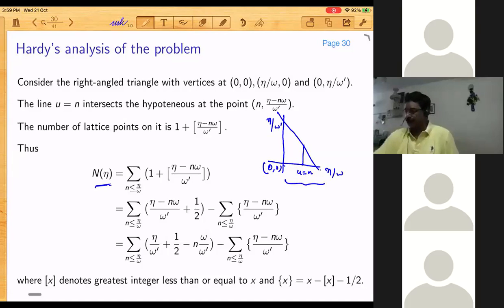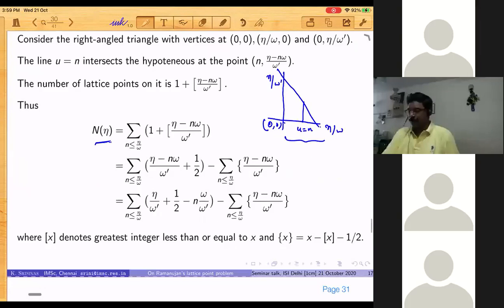Now when you simplify this one, you open up the brackets. Here, bracket of x is not just x minus the fractional part, but this famous function x minus integral part of x minus half. So it is just slightly averaged towards half.